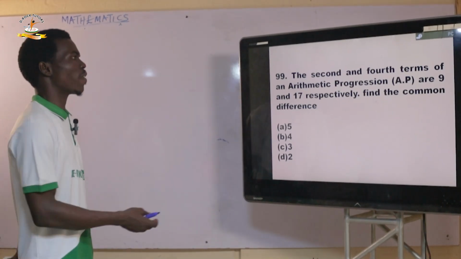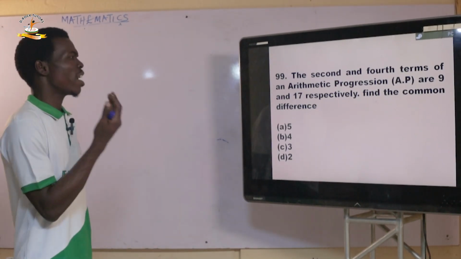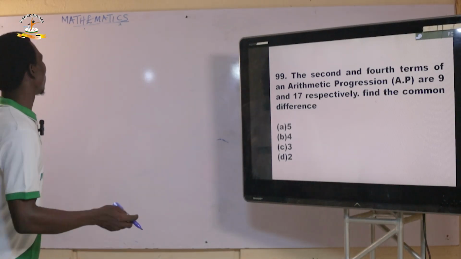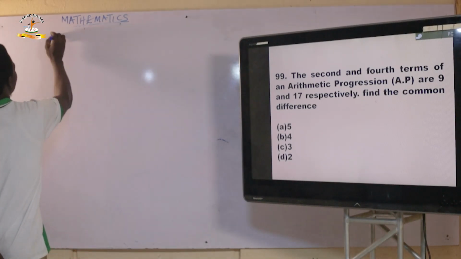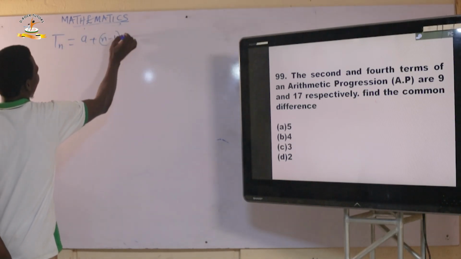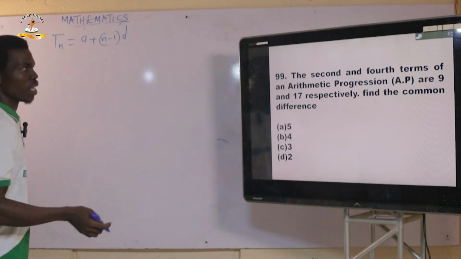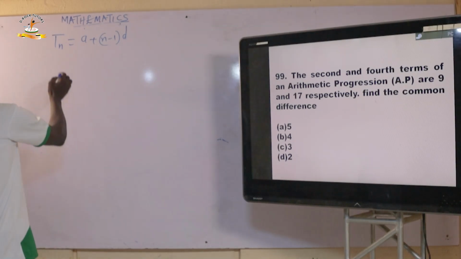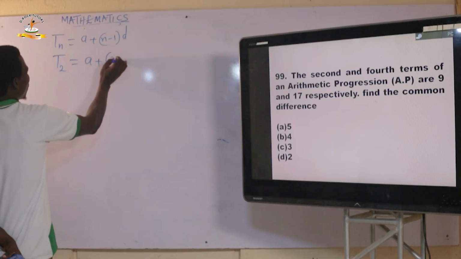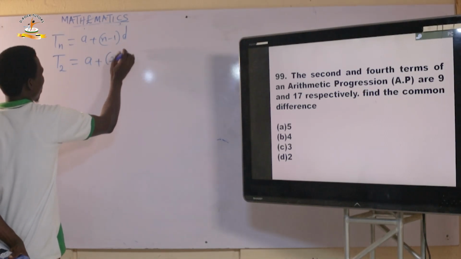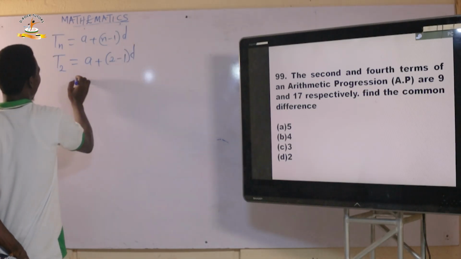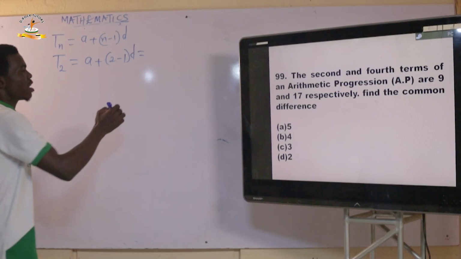So question 99. The second and fourth terms of an arithmetic progression, AP, are 9 and 17 respectively. Find the common difference. So don't forget our formula is Tn equals a plus n minus 1 d for an AP. So the question says the second term, so T2 equals a plus 2 minus 1 times common difference d, and this is simply given to us as 9.